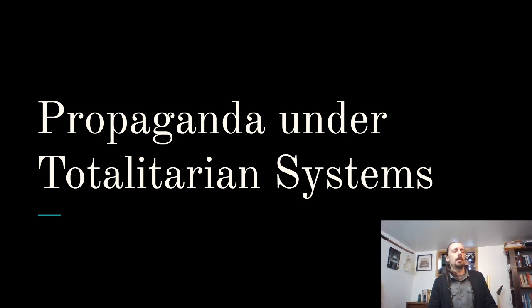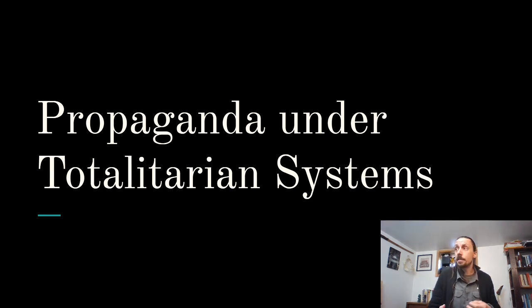Let's talk a little bit about propaganda, how it operates under these two really opposed totalitarian systems. On the one hand, you have the totalitarian system of fascism, which is mostly focused on maintaining and creating a state hierarchy on the basis of a certain kind of rhetoric of war, machismo, and xenophobia.